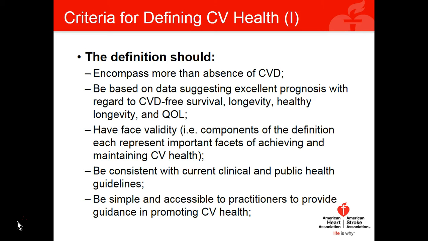They were interested also in maximizing face validity, but also being consistent with current clinical and public health guidelines. From a practical clinical perspective, they wanted to make sure that this definition was simple and accessible to practitioners to help provide the clinical health professionals with guidance in promoting cardiovascular health.